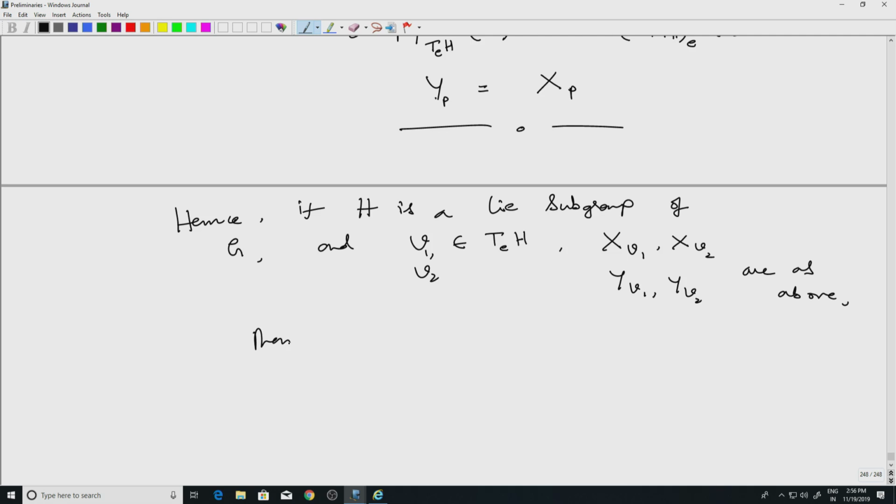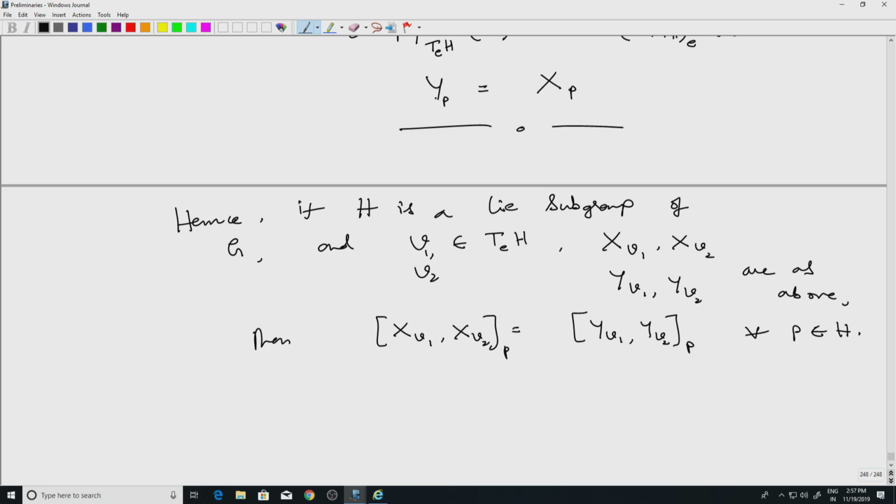Then the Lie bracket of X_V1, X_V2 is nothing but the restriction of this vector field, for all P in H. So in short, I can just forget about H, look at the full left invariant vector fields generated by V1, and same thing for V2, which are called Y_V1, Y_V2.